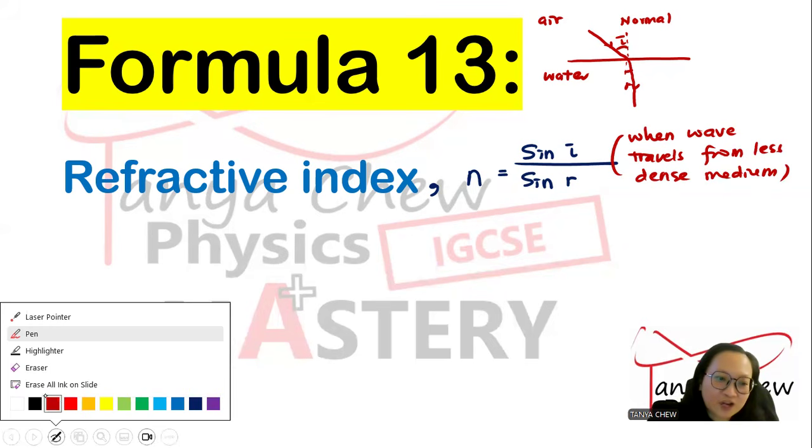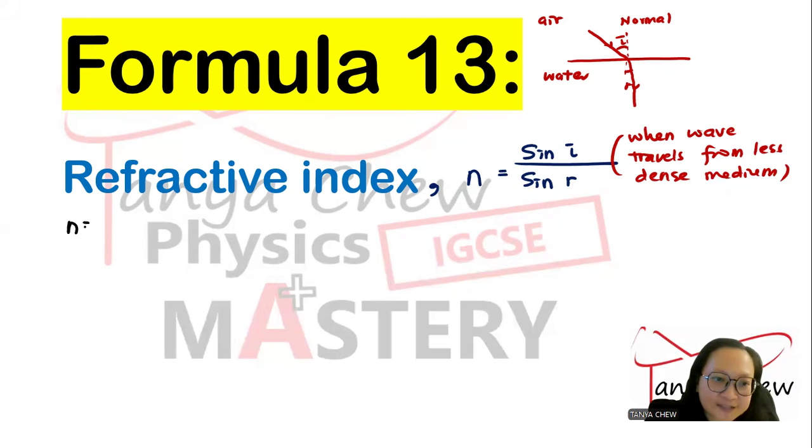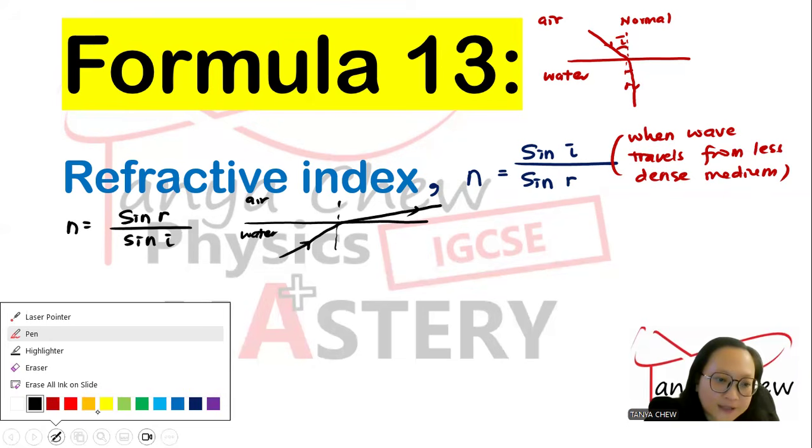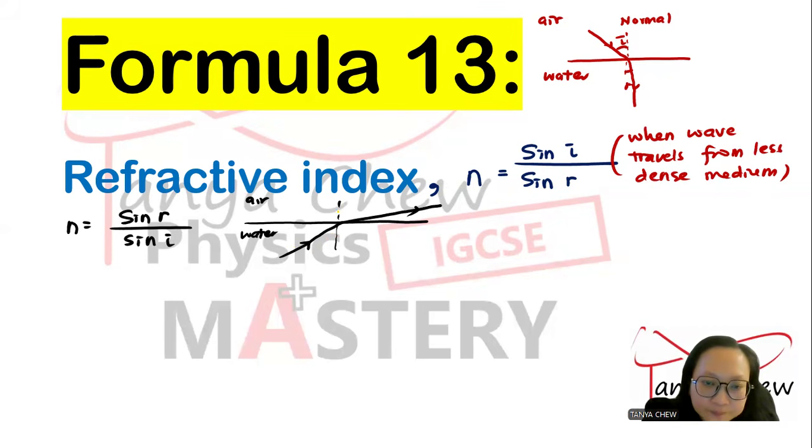Another equation for the refractive index is n equal to sin r over sin i. This is air, this is water. This is called i, this is called r.